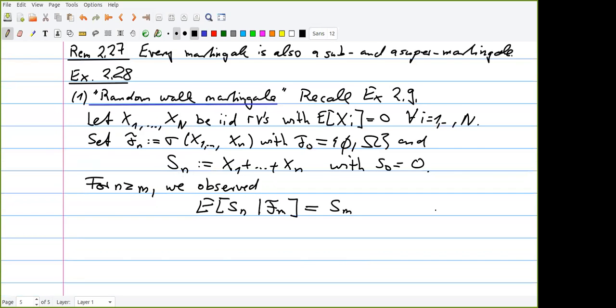Right? This means this is a martingale. So the process from 0 to capital N of Sn is a martingale.